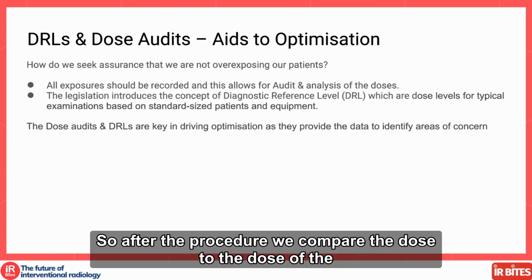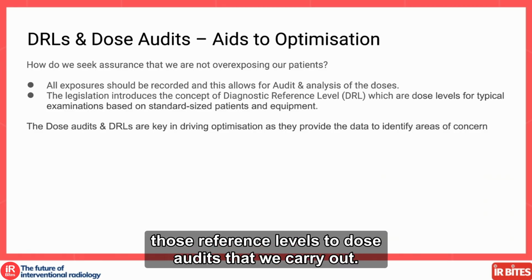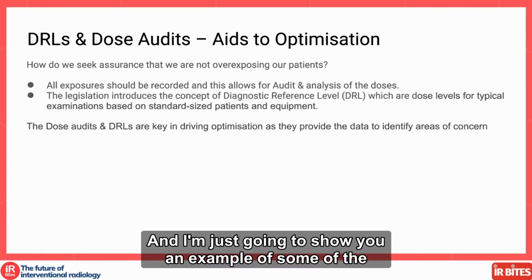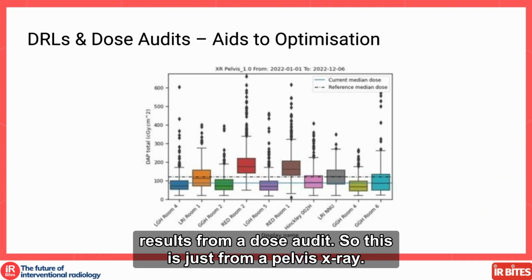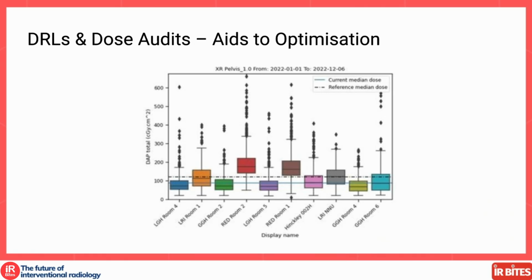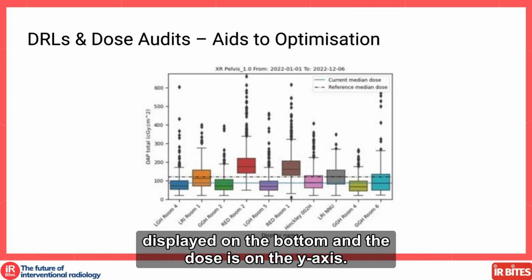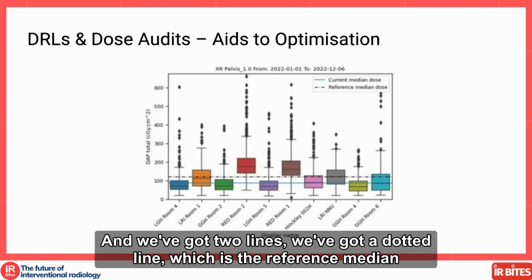After the procedure, we compare the dose to the diagnostic reference level, or we can compare diagnostic reference levels to dose audits that we carry out. And I'm just going to show you an example of some of the results from a dose audit. So this is just from pelvis X-rays that are carried out in the rooms that are displayed on the bottom, and the dose is on the y-axis, and we've got two lines there.